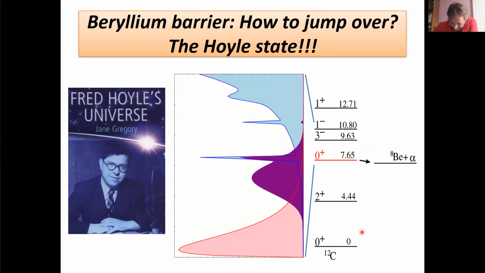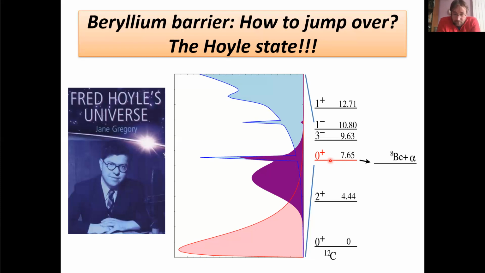So in this very unlikely process we form this excited 0+ state in carbon, which we call the Hoyle state. This is the only nuclear level which is named after a guy who predicted it. Very special stuff. So it's the Hoyle state.